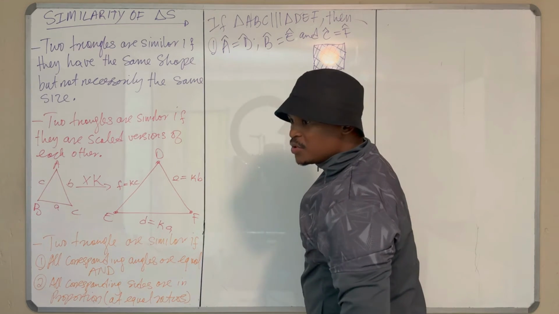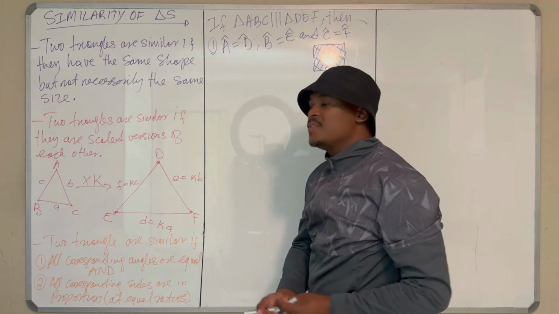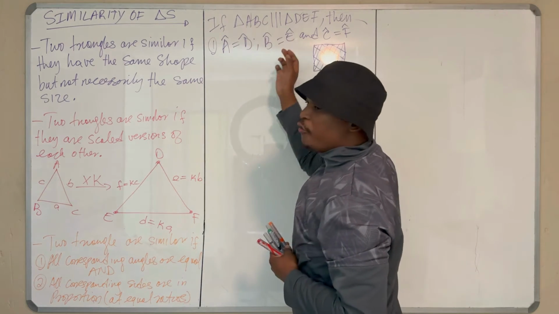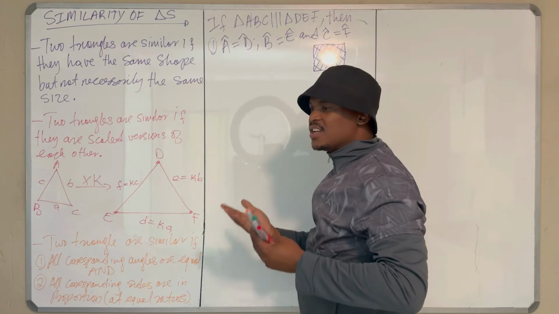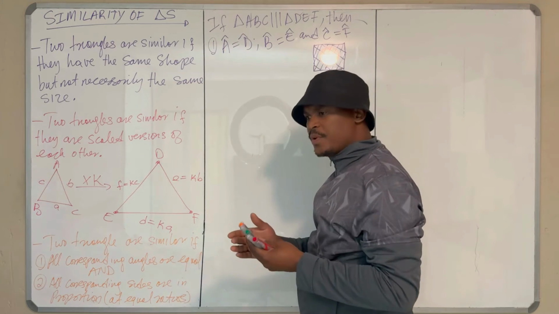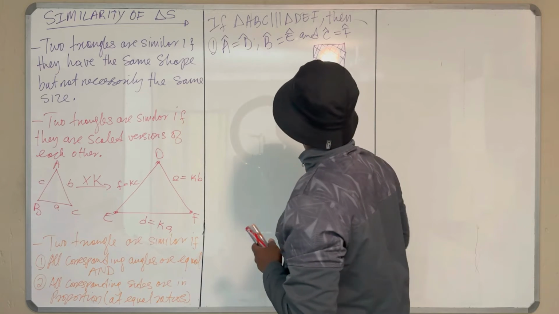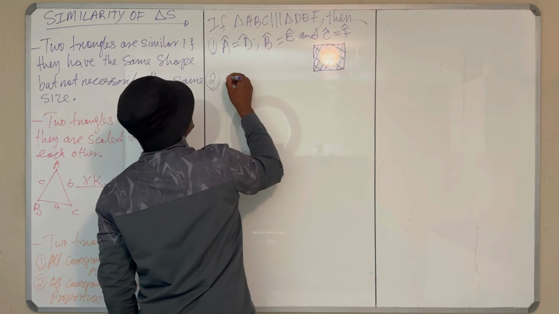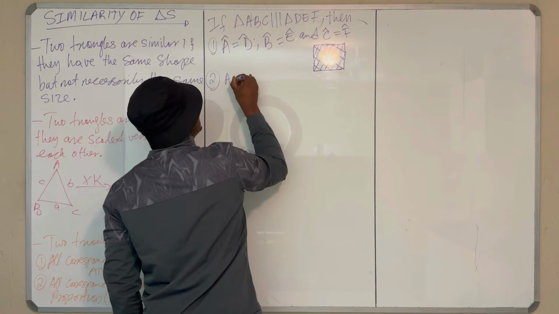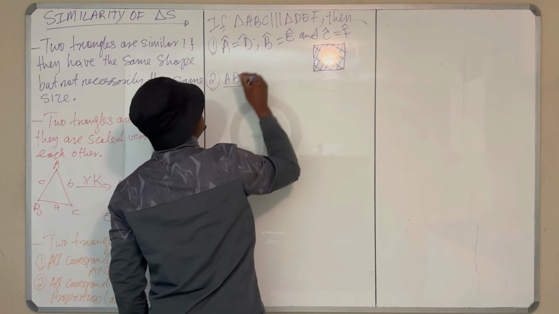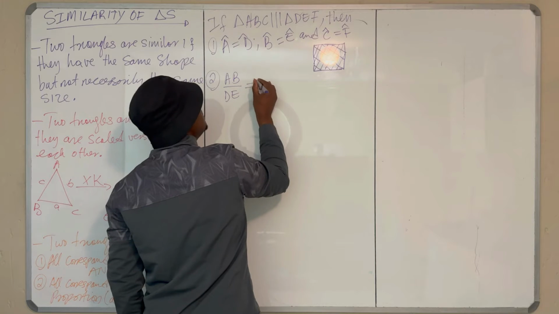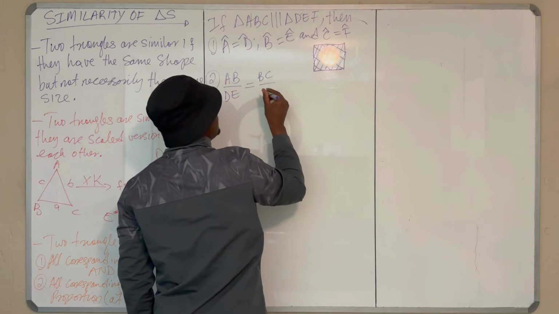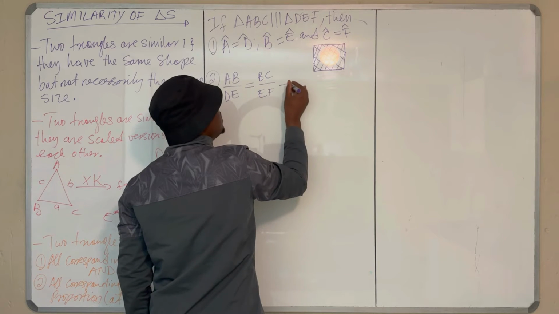So what I'm trying to say, if you're saying all corresponding sides are in proportion, which is they're at equal ratios, if I take the ratio of the corresponding sides, they should be equal. I'm saying your AB divided by its corresponding side DE is equal to your BC over EF, which is equal to what?